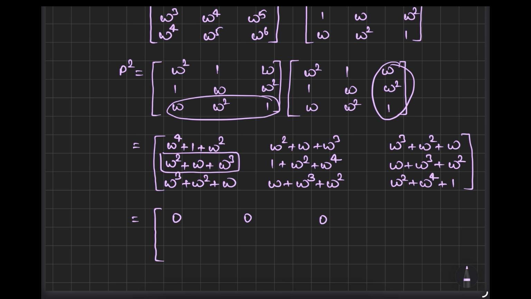Every entry simplifies the same way: omega cube is 1, omega power 4 is omega, and 1 plus omega plus omega square is 0. Same 0, same 0. So here P square becomes 0, which is not acceptable.